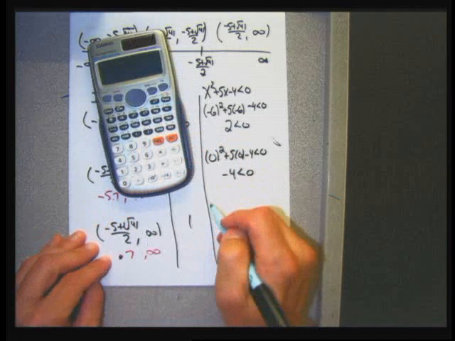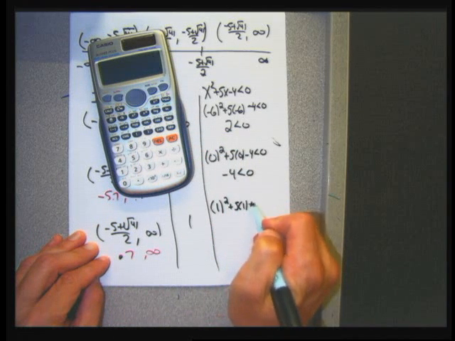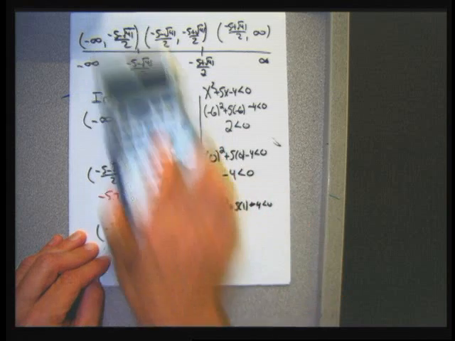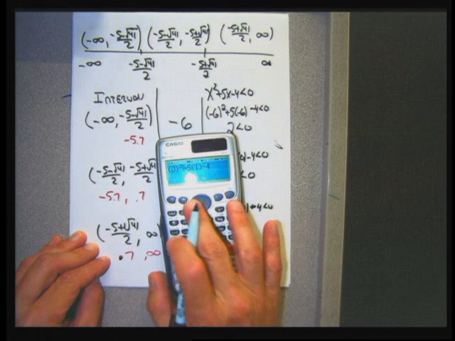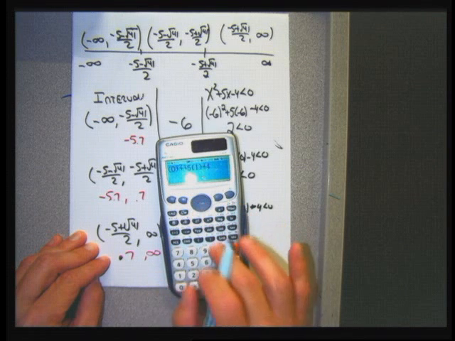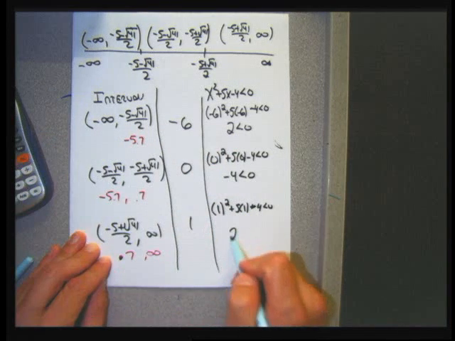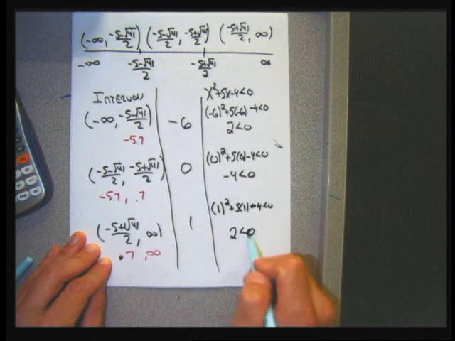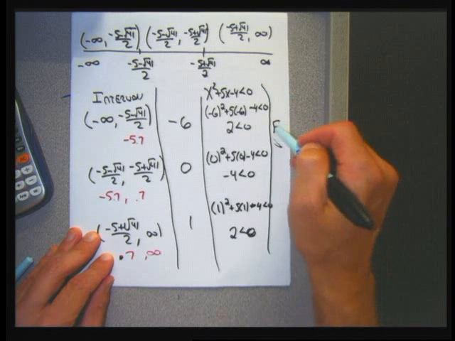And for the last one, I'm going to go 1 squared plus 5 times 1 minus 4 is less than 0. So I'm going to change these zeros to a 1. And I get 2 is less than 0. And so first one, false.